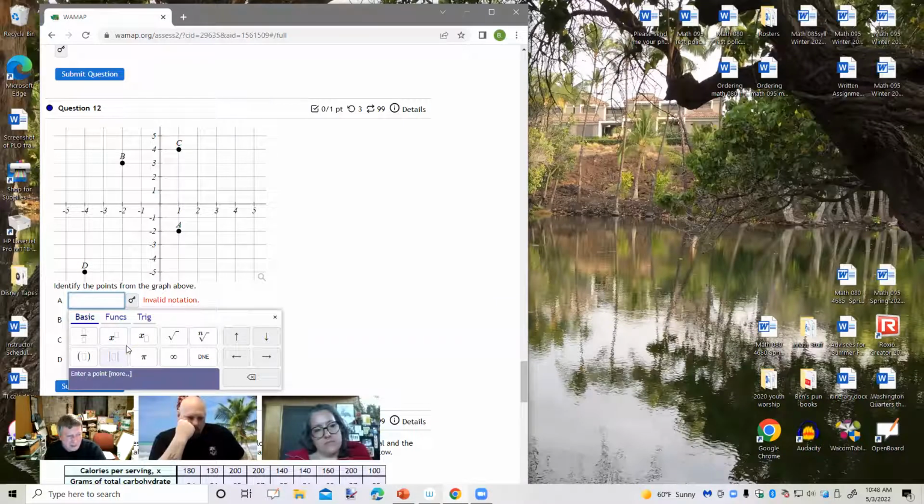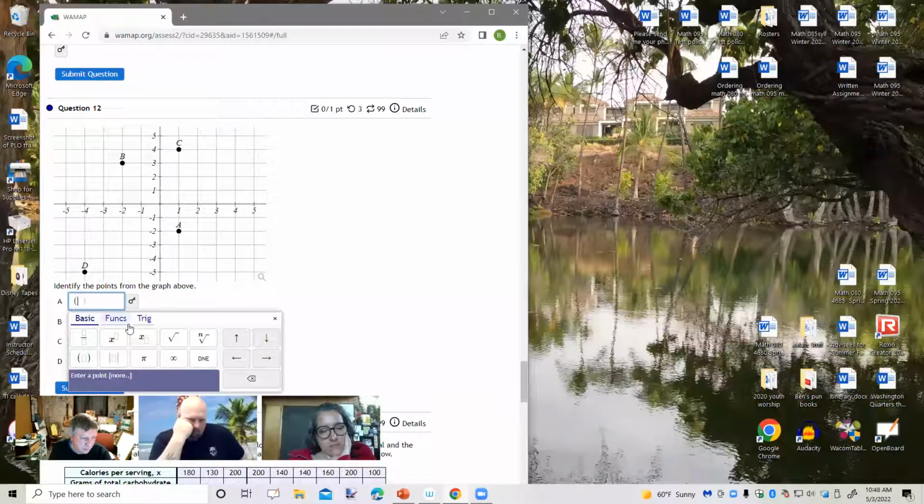What I need is parentheses. I could use the parentheses on my keyboard. I've got 1, comma. Oh, but look what happened when I pushed the space bar.